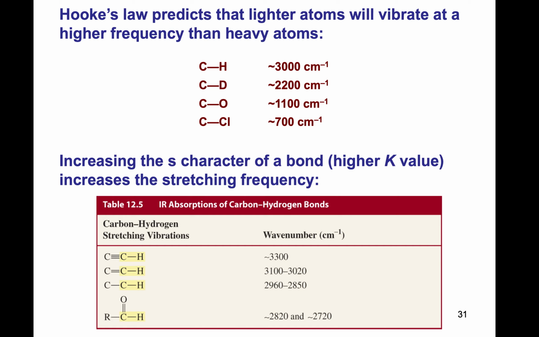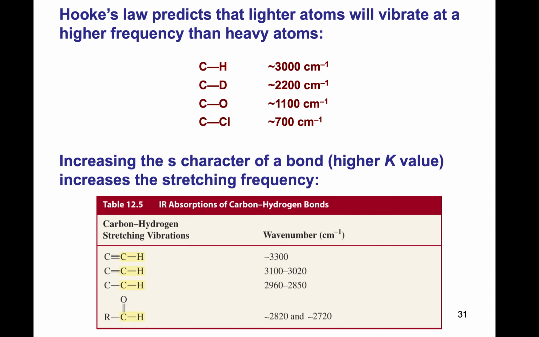Well, what we see with wave numbers, for a triple bond carbon-H, it's about 3,300 where that stretching vibration will be seen. For sp2 carbon, it would be slightly to the left of 3,000, 3,100 to 3,020.